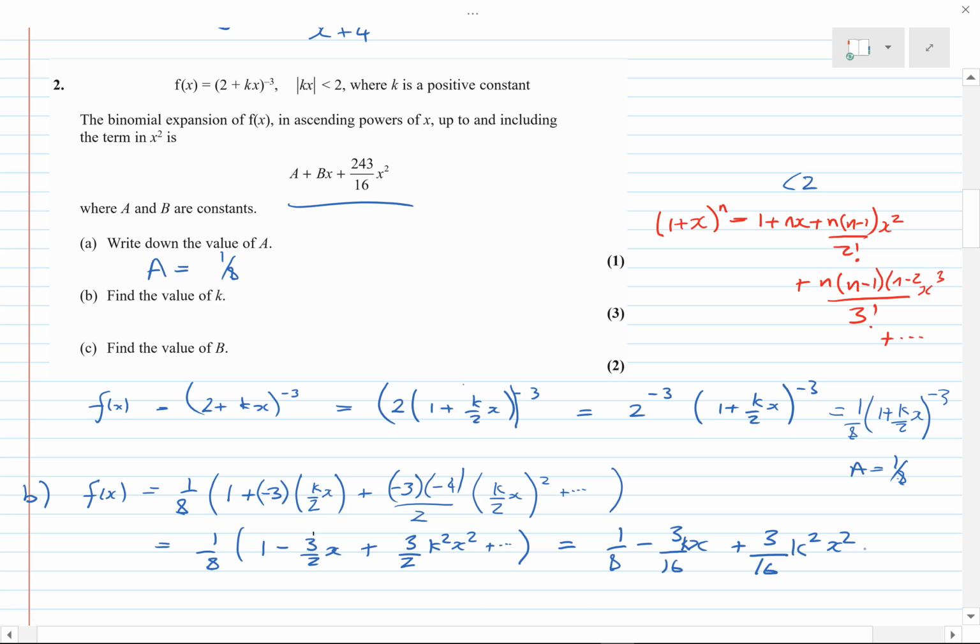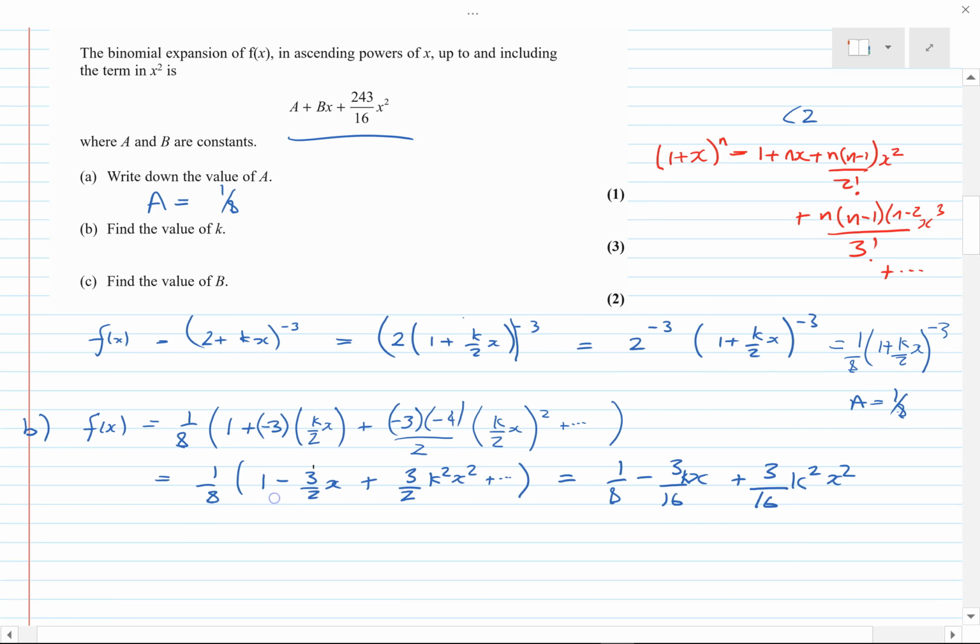Right, okay, so again we can see, if we hadn't seen already, that a is 1 over 8 from what we had before. But anyway, we need to now work out k, and we're using the fact that the coefficient is 243 over 16. So 3 over 16 k squared x, oh no, we're looking at coefficients, so this is coefficients of x squared we're looking at.